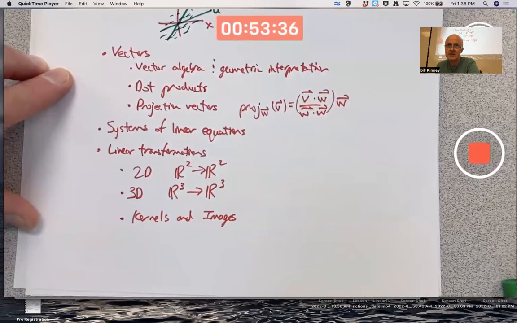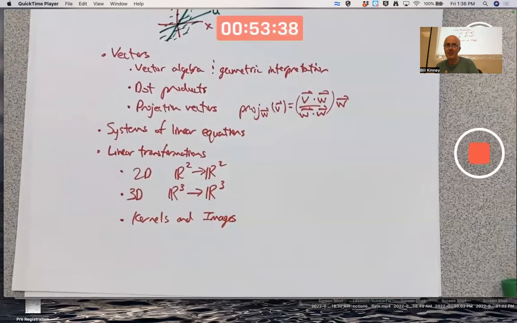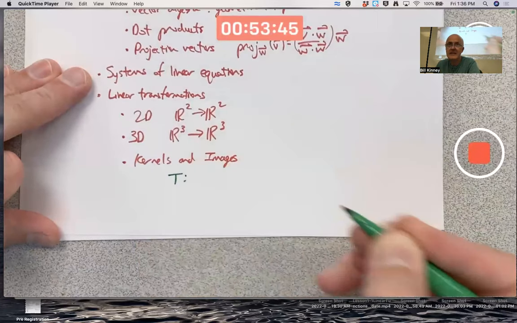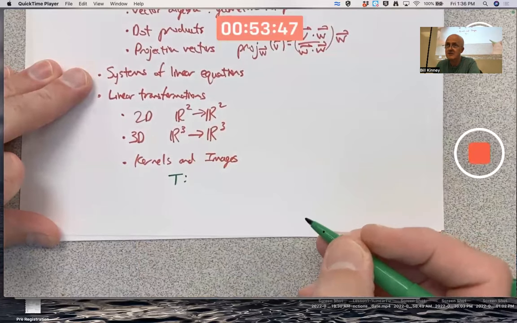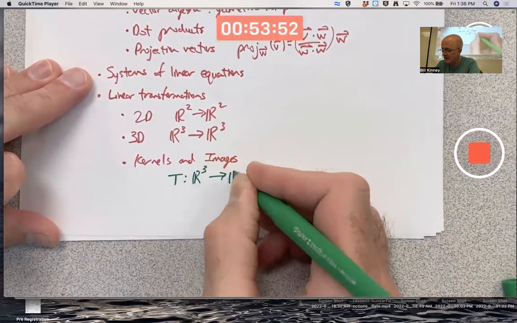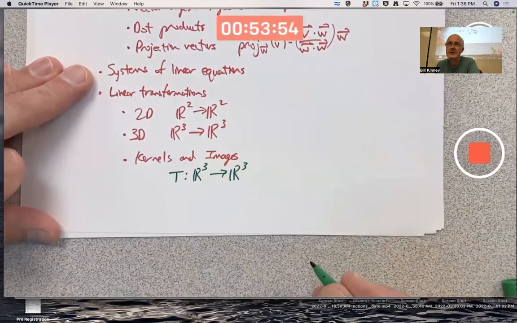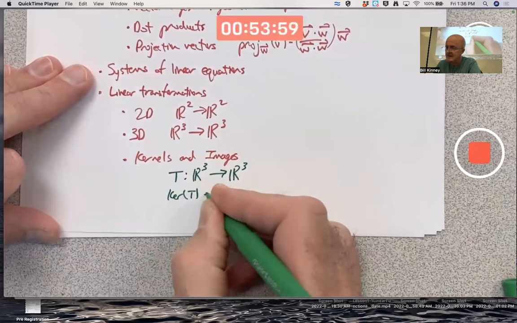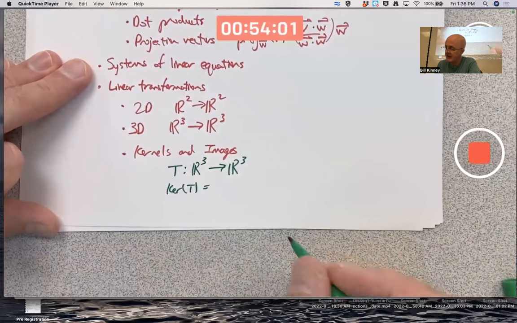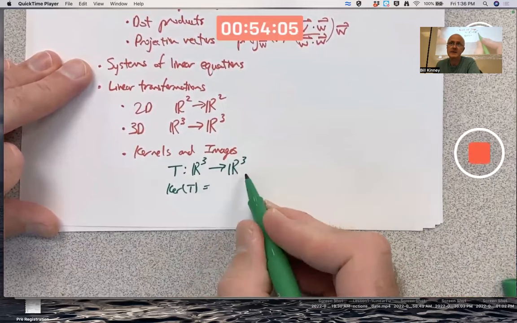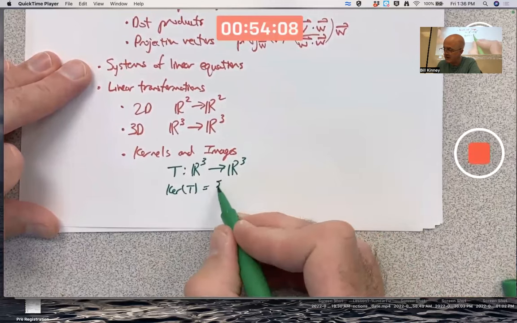What are kernels and images? If you've got a linear transformation, T, which is a function, say from 3-dimensional space to itself, the kernel of T is defined to be all the vectors, all the points, if you prefer, in the domain that get mapped to the 0 vector in the codomain.